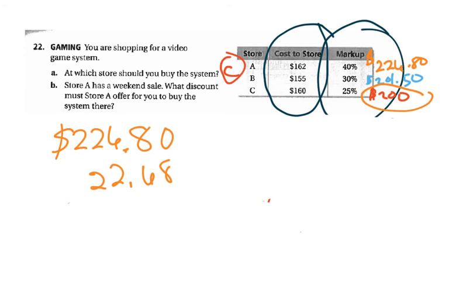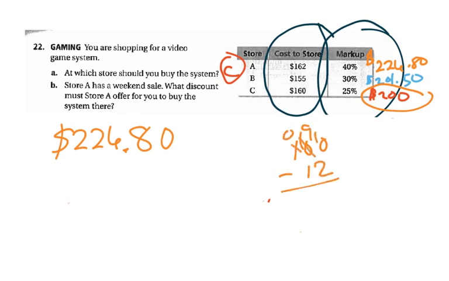So now what I'm going to do is a guess and check. So I know that 10% isn't quite big enough. So I'm going to go to 12% and see what that discount would be. So if the discount is 12%, that means that we're going to pay 88% of the price.